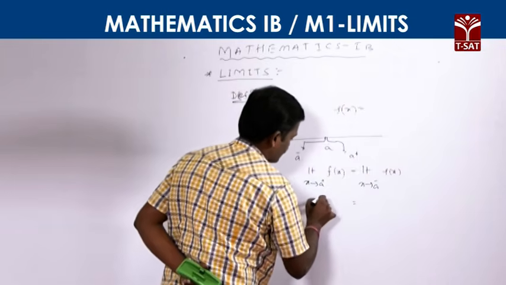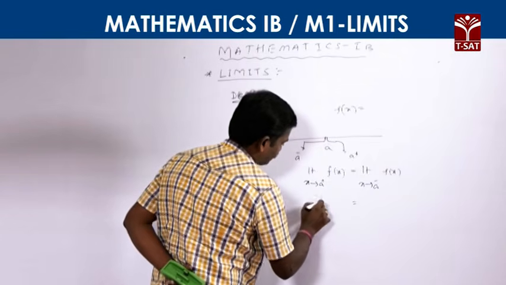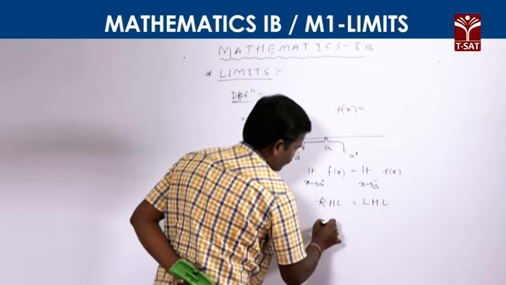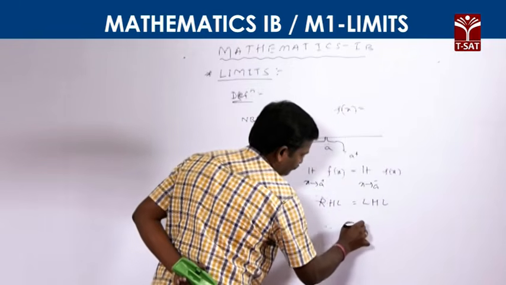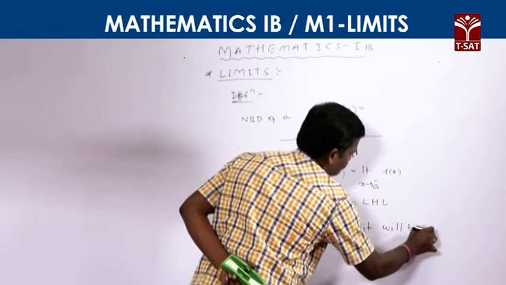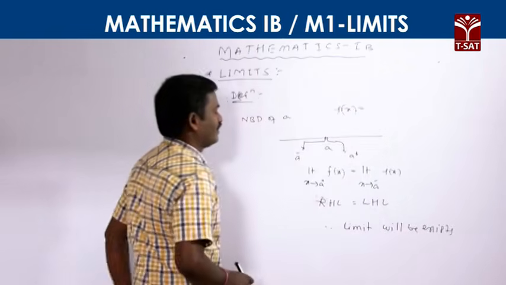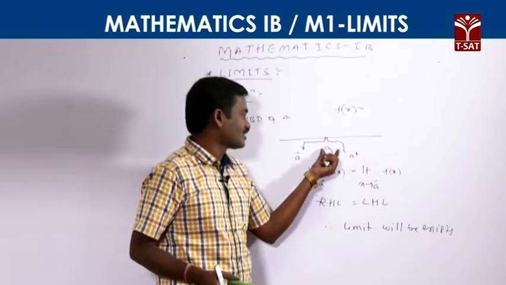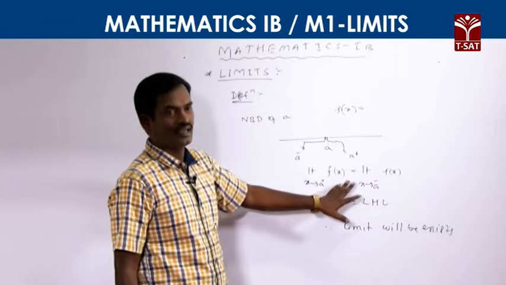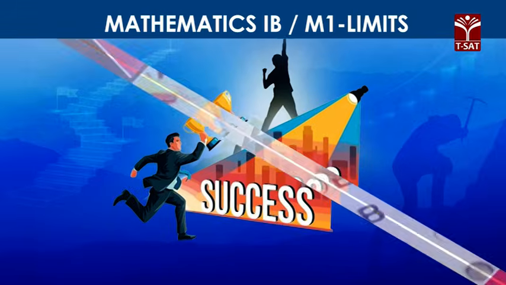This is nothing but the right hand limit and left hand limit existing. So therefore limit L will exist. Then only we can say that for this function at this value the limit will exist. Otherwise it does not exist. The limit does not exist for this.